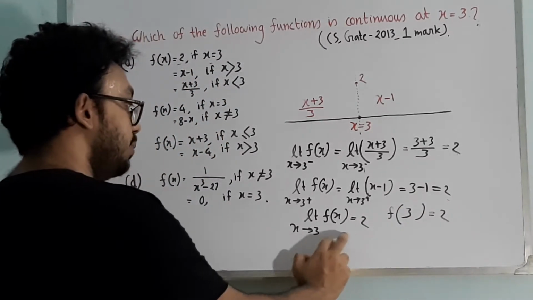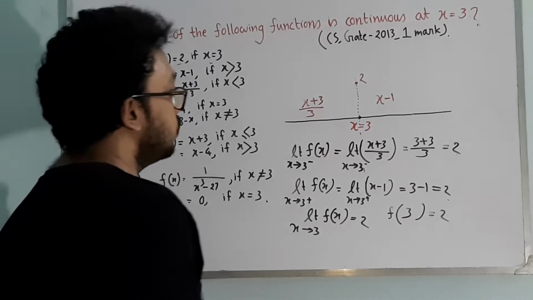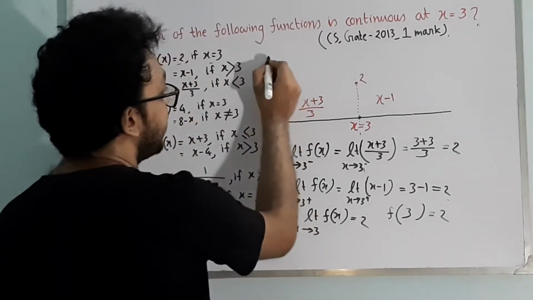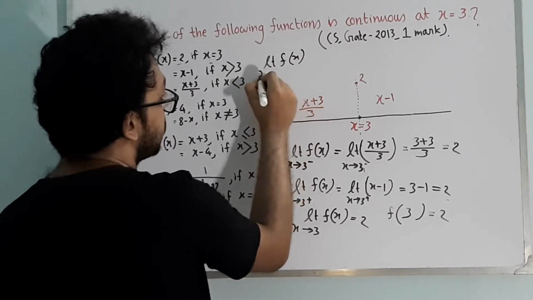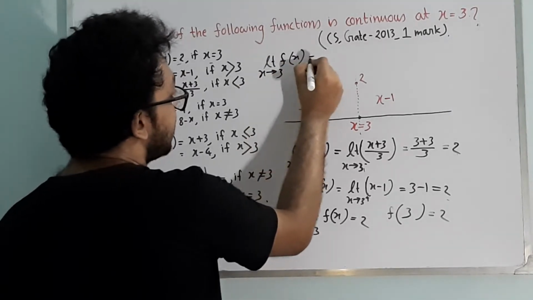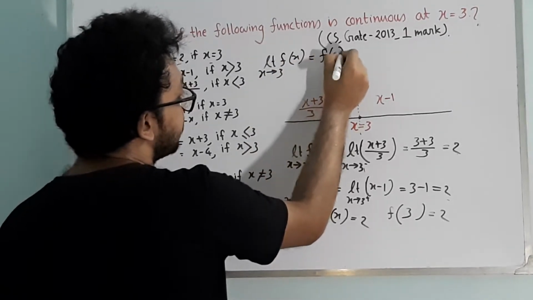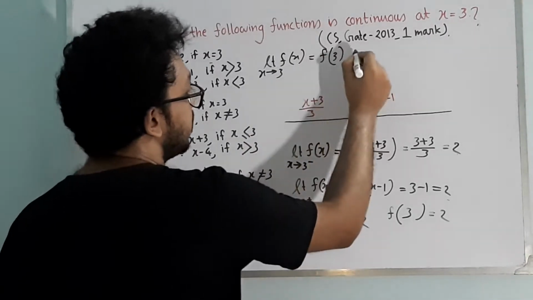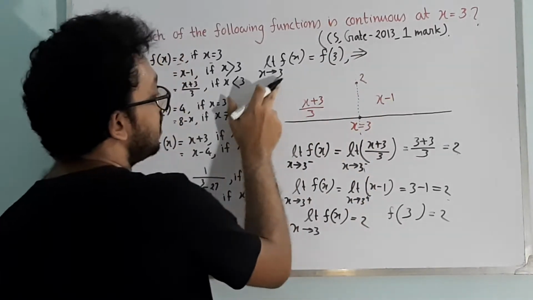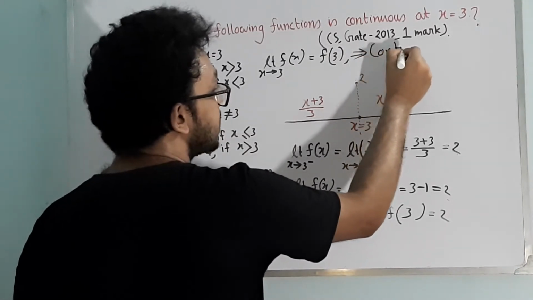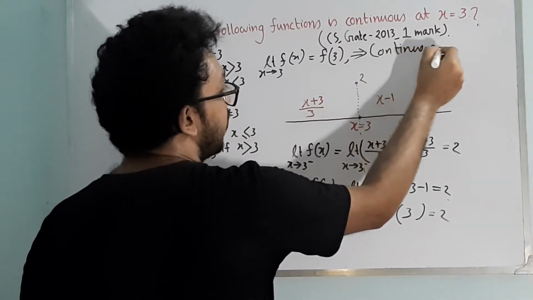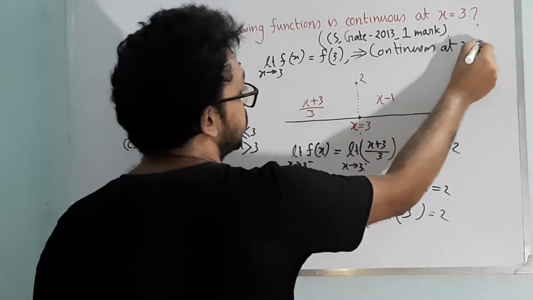So clearly the limiting value is same as the functional value. So what we have finally is the limiting value of the function f(x) at x equal to 3 is same as f of 3, that is the value of the function f(x) at x equal to 3. So clearly as the limiting value is same as the functional value, the function is continuous at x equal to 3, right?